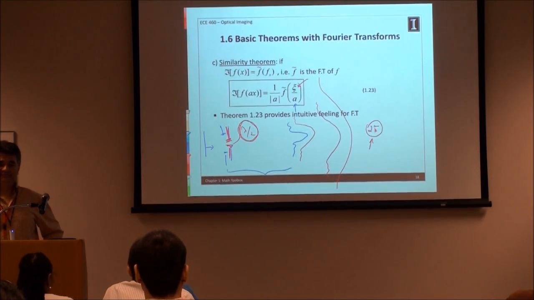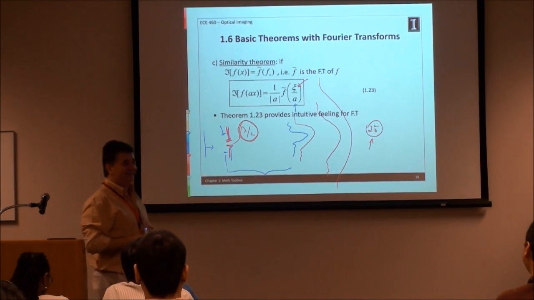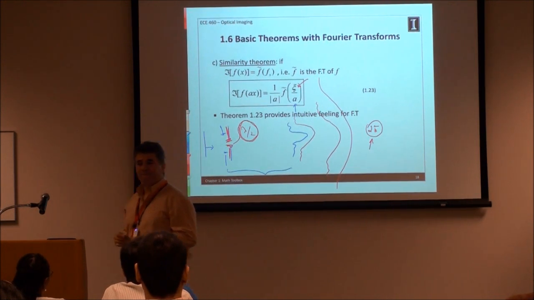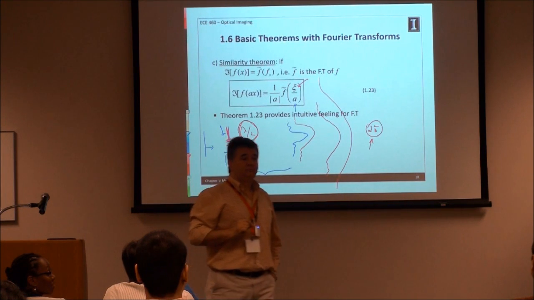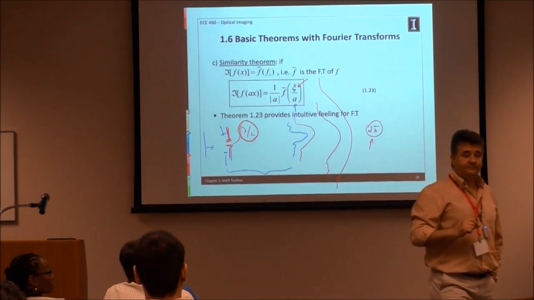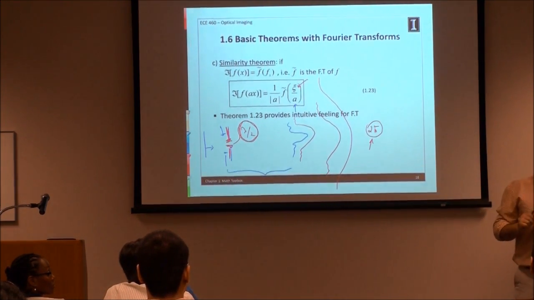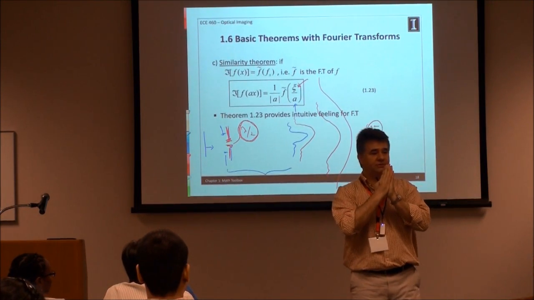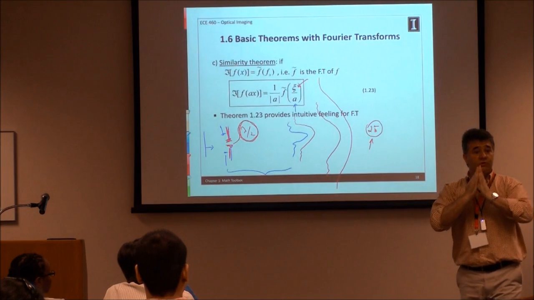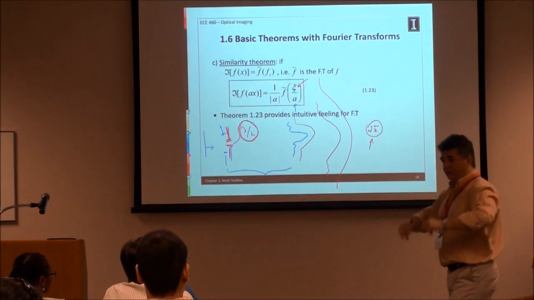You're used to it. Decreasing the pulse length requires what? What happens if I decrease the pulse length by a certain factor? The bandwidth has to be broader.